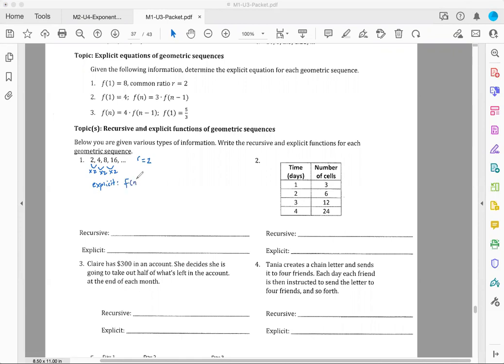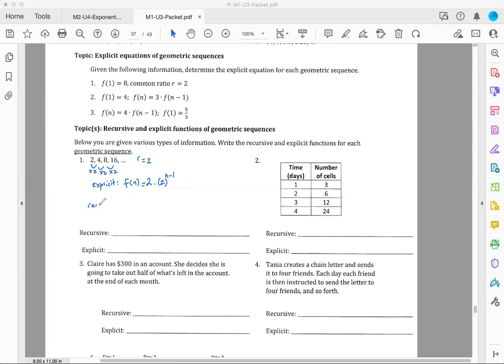Remember, the explicit formula doesn't have f of n minus 1 in it. Sorry, I apologize, scratch that. So f of n equals f of 1, the first term, which is 2, multiplied by the common ratio to the n minus 1. The common ratio is also 2, so 2 to the n minus 1. So this is your explicit.